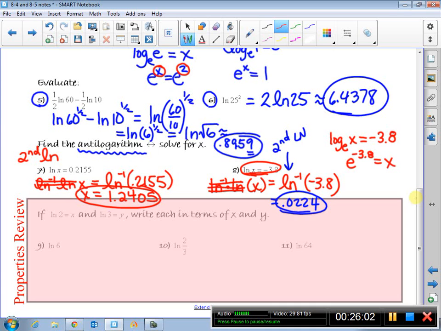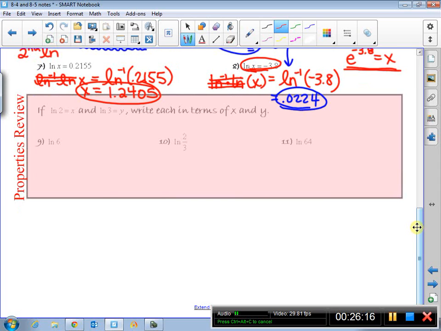And when you hit second ln, that's exactly what you get. Second ln, put in negative 3.8, and you'll get that same answer. So really think about those either way. Little property work. We said the properties are the same for natural logs, common logs, doesn't make any difference.